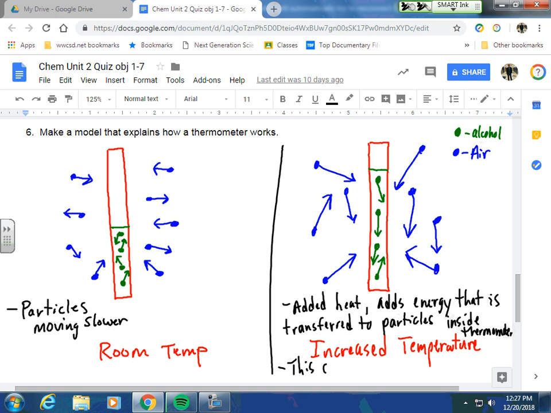This causes them to move faster and spread out more, which means expand. And when they expand, they're going to expand up the tube, which means the level of the liquid inside the tube is going to get higher, which is going to correspond to a higher temperature reading on the thermometer, right?